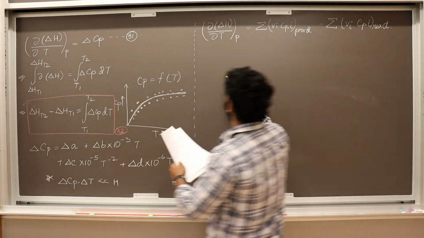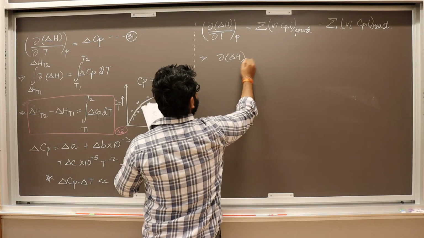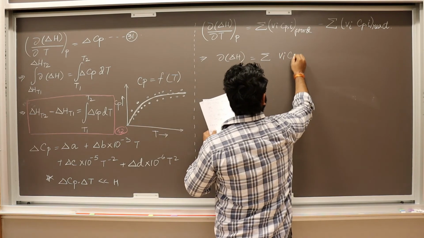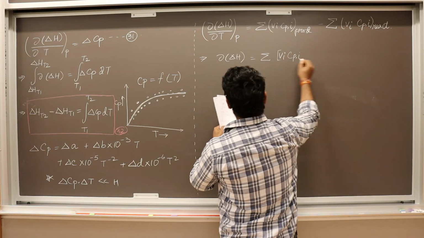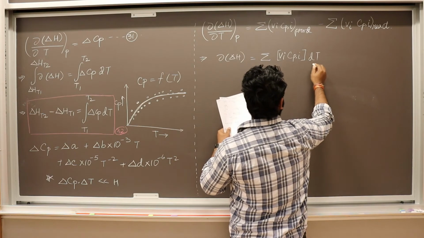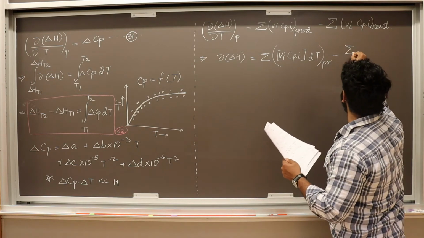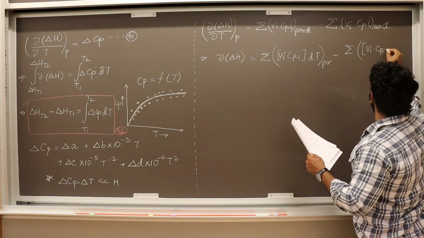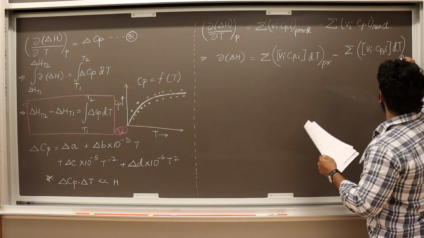So we will take the integral sign to the other side, and this is for the products minus Cpi dT for the reactants.